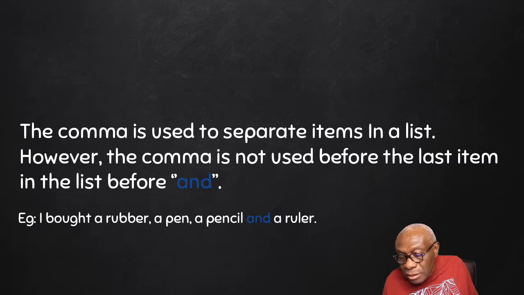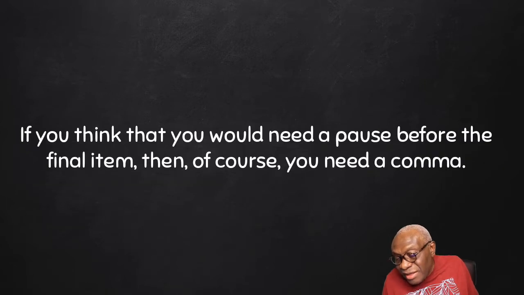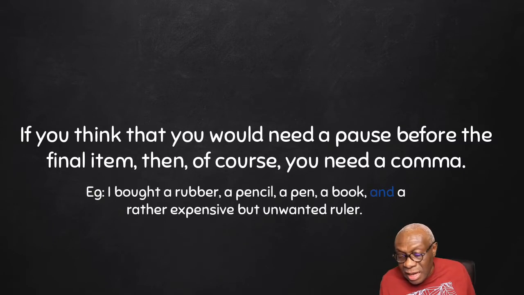However, if you think that you would need a pause before the final item, then of course you need a comma. Look at this. I bought a rubber, a pencil, a pen, a book, and a rather expensive but unwanted ruler.